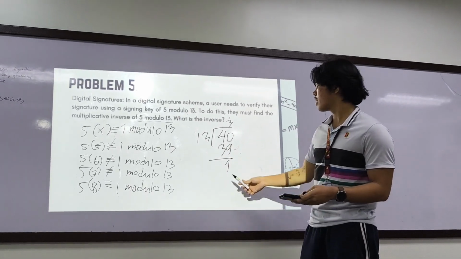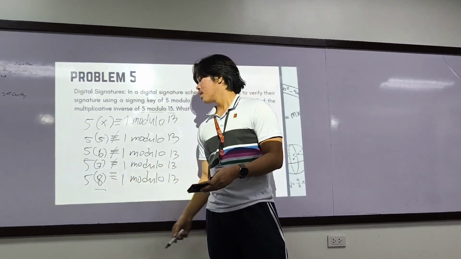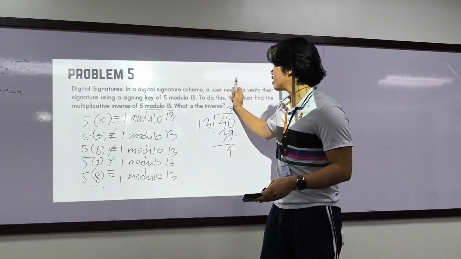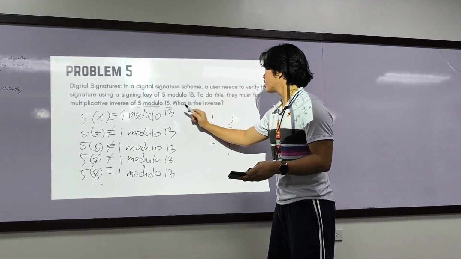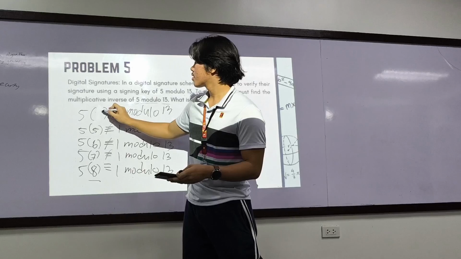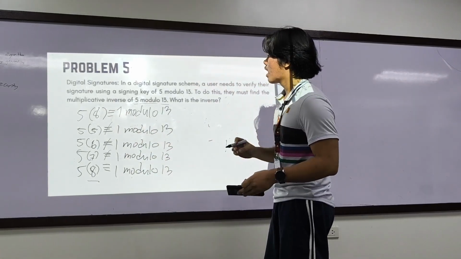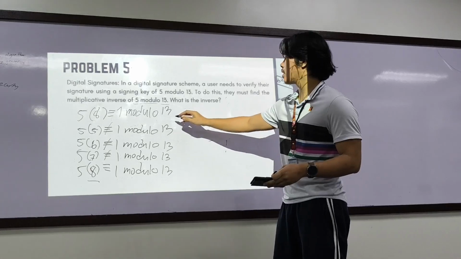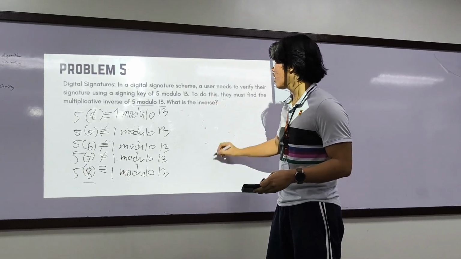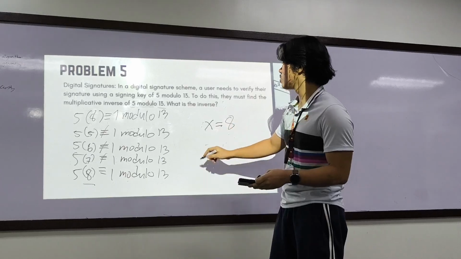So now we have the remainder of 1, and we conclude that the number 8 is the multiplicative inverse of 5 modulo 13, because 5 times 8 is equal to 40, and divided by 13, we have the remainder 1. So x is equal to 8.